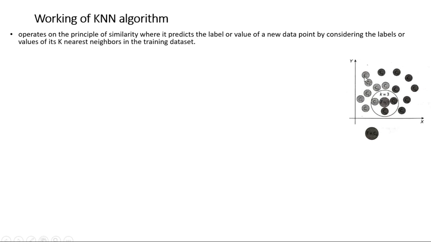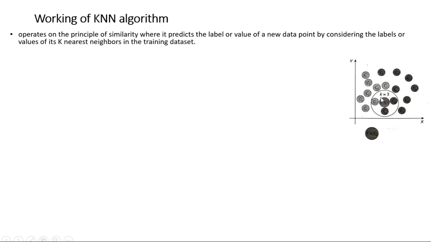If you see this diagram, let's say all these circles are the data points which I have stored during the training phase. Let's say this data point here is the test instance. So during the test instance, it is now going to do the processing on the data set, because this is a KNN algorithm.